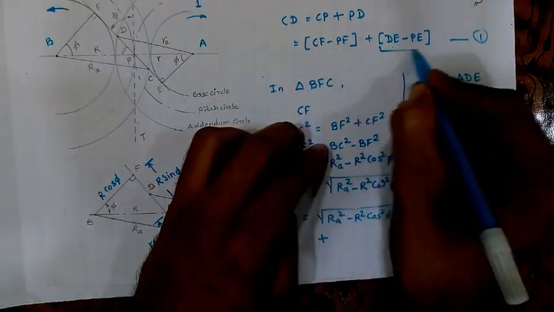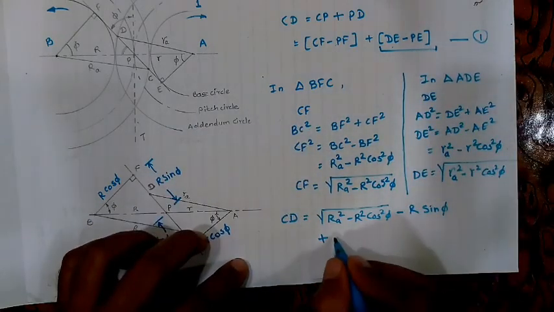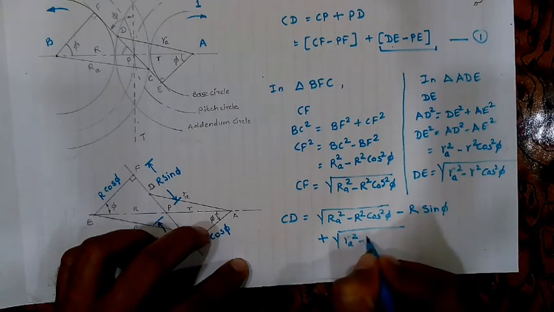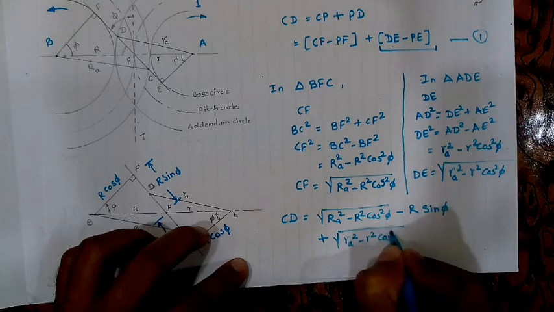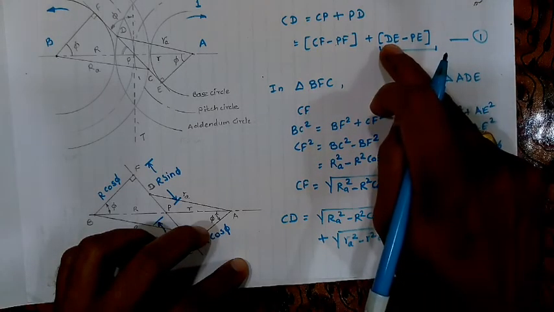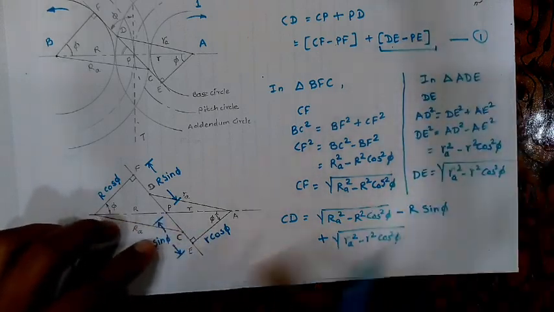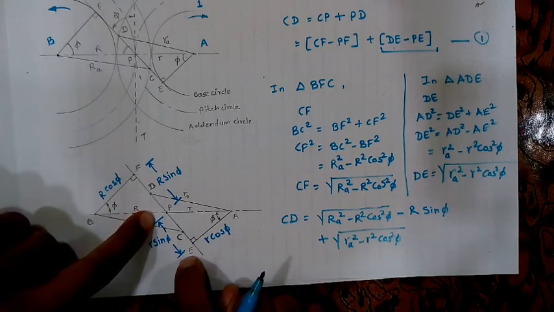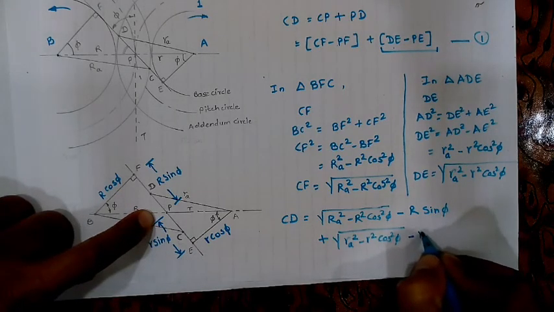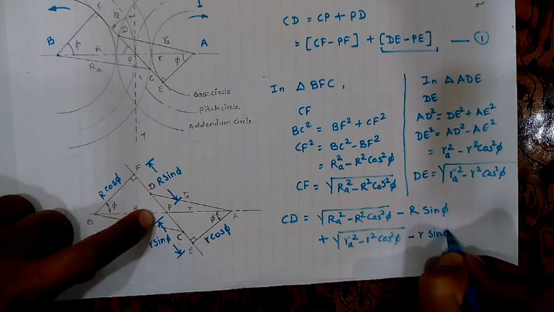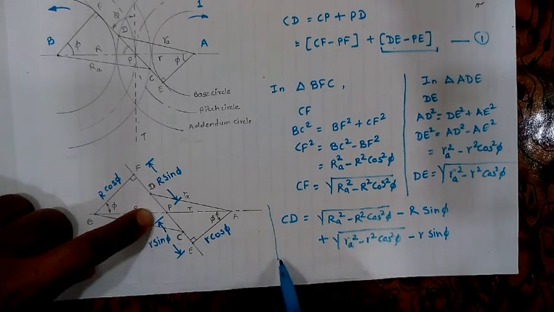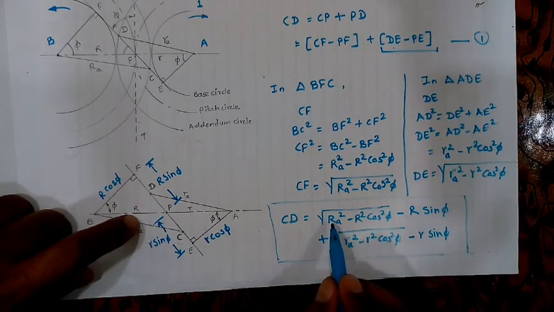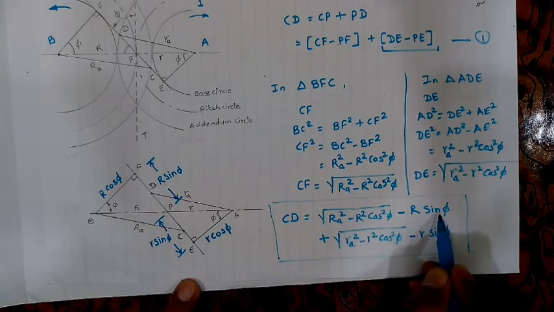The path of recess is under root of small r suffix a square minus small r square cos square phi, that is DE, minus PE. PE from the diagram is small r sin phi. So minus small r sin phi. So this is the total path of contact.